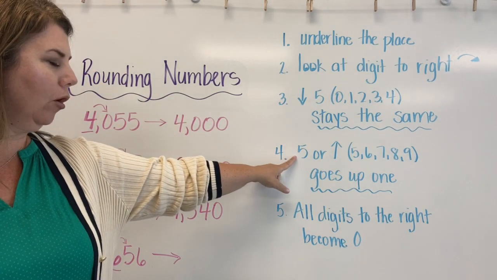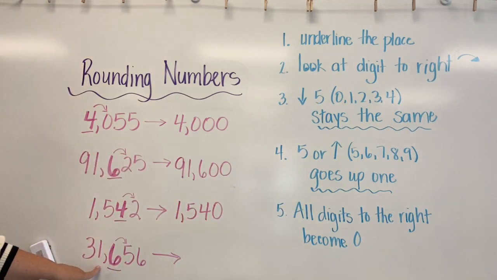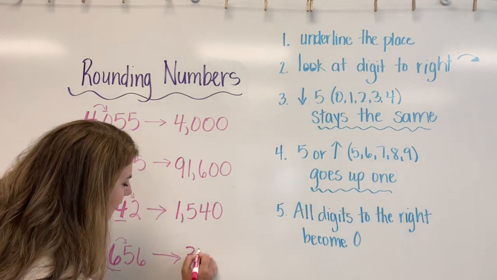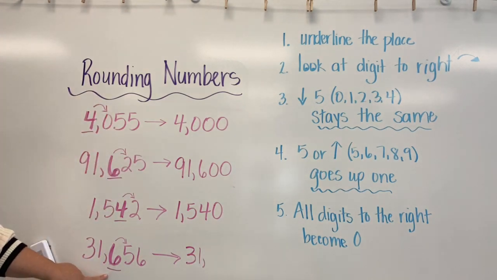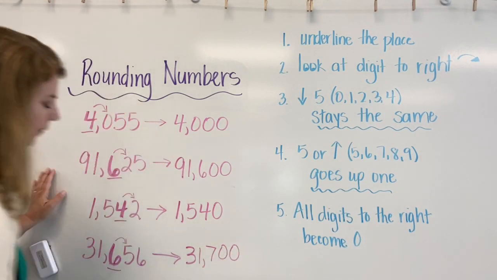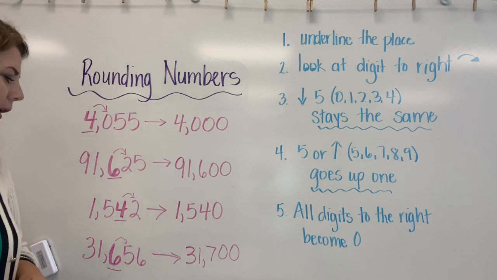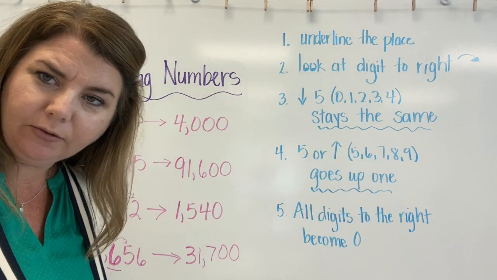If it's 5 or more, what happens to the underlined digit? It goes up 1. Everything in front of it stays the same. The underlined digit you just told me goes up 1. 6 becomes a 7. Everything after it is 0. 3,656 rounds up to 3,700.